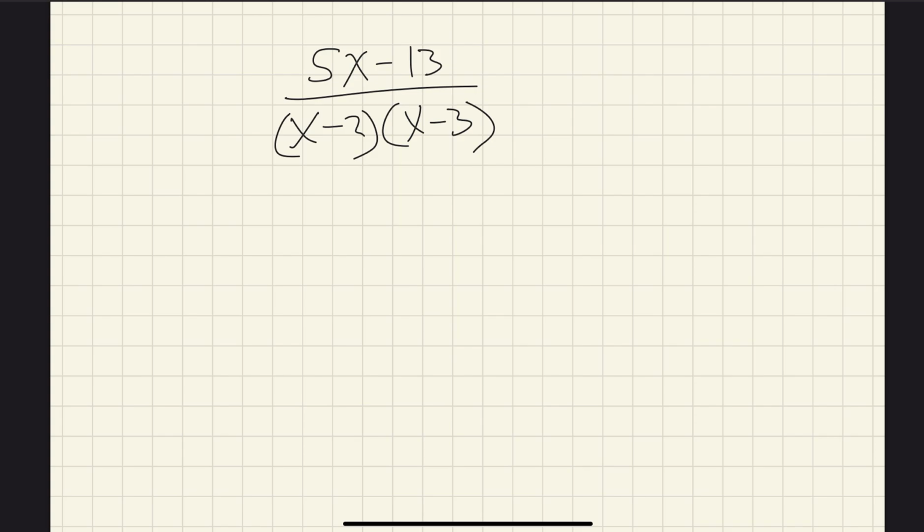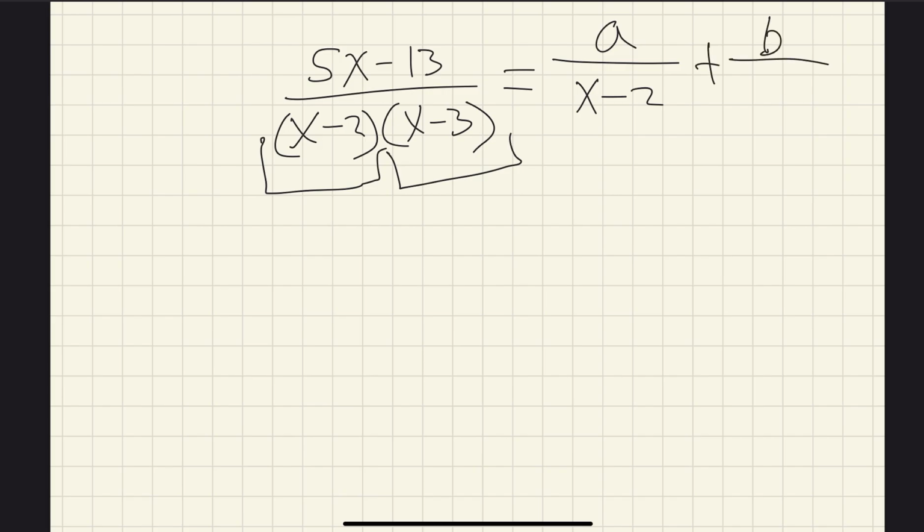Basically, partial fraction decomposition is breaking big fractions with polynomials into smaller, easier ones. So what people much smarter before us have figured out is that you can take these denominators, these factors, and break them up in this form.